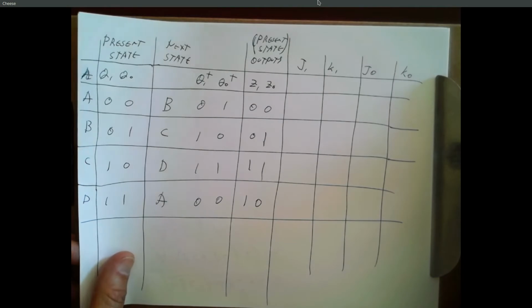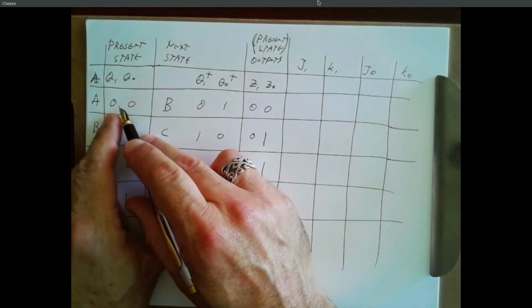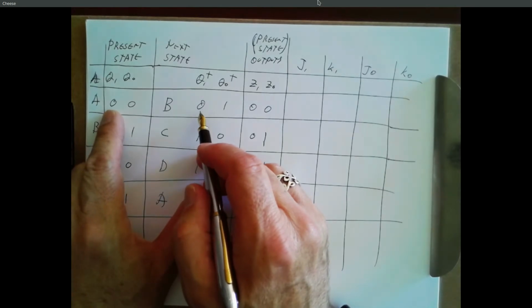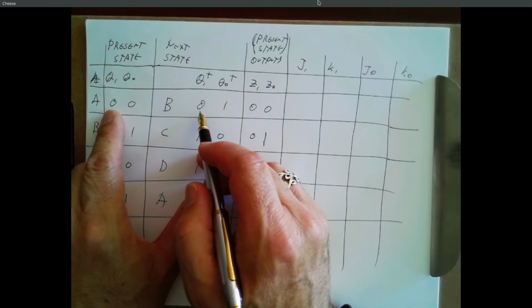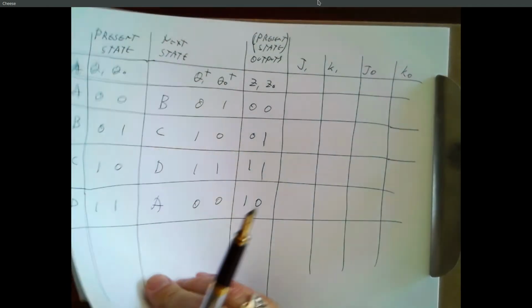All right, so we go through and we can just start with Q1. In this state, Q1 is a 0 and we want it to stay a 0. So what should J1, K1 be equal to? Yeah, and this is where a table might help.